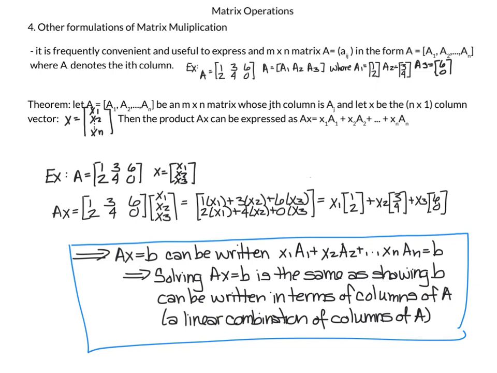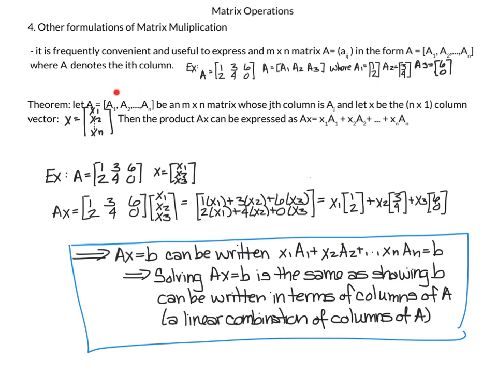And one of the other big ways of looking at this is when we look at Ax equals b being rewritten in this form, x1 times the column vector a1, x2 times the column vector a2, plus xn times the column vector an equals b, then solving this matrix equation is the same as showing that b can be written in terms of columns of A. And in fact, b can be written as a linear combination of columns of A. So this is another important way.